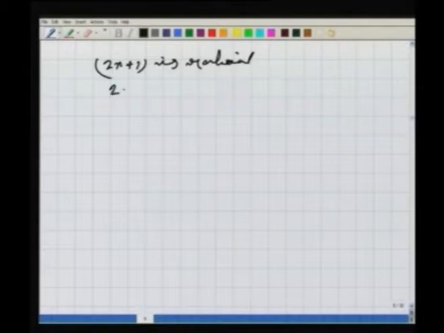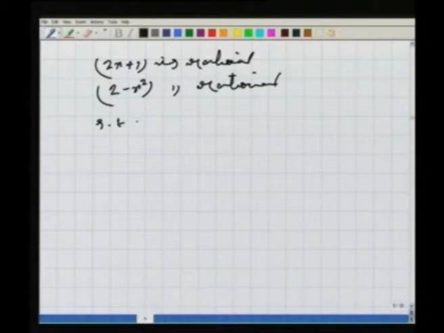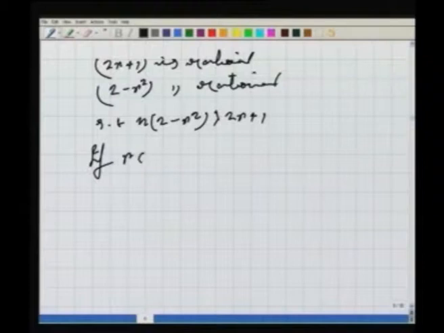Similarly, 2 minus r squared is also rational. Then you can always arrange for an n such that n times (2 minus r squared) is strictly bigger than 2r plus 1. That is not very difficult. Well, that shows that if r is in A, this would imply r plus 1/n is also in A.